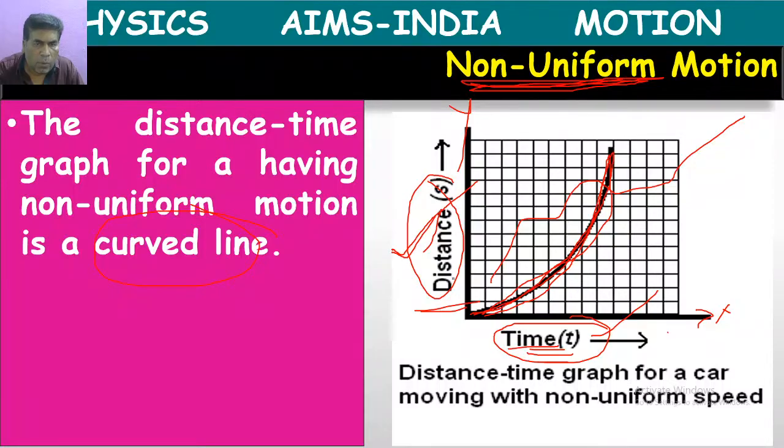Means one quantity is equal, the other quantity unequal. Then we can tell that it is exhibiting non-uniform motion. Is it clear? In the case of uniform motion, both are equal: time intervals are equal, distances covered are also equal. But here one should be equal, one should be unequal. Okay. Next.